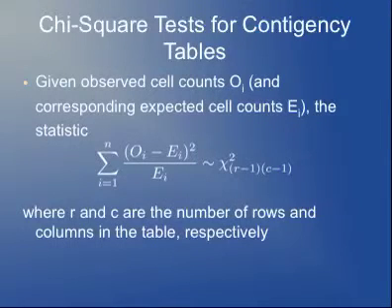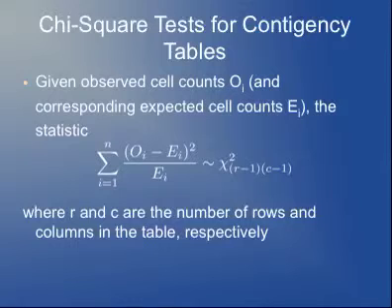And to calculate a chi-square test for a contingency table, if you're given observed cell counts, O_i, and expected cell counts, E_i, the chi-square test statistic is just like it was in the simpler case.